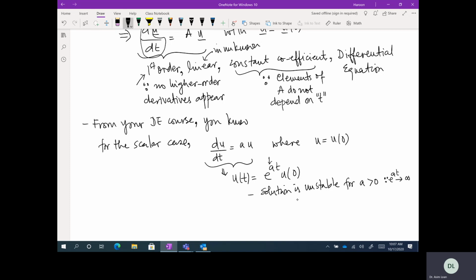And the solution is neutrally stable for a equals 0, because e^(at) remains bounded.